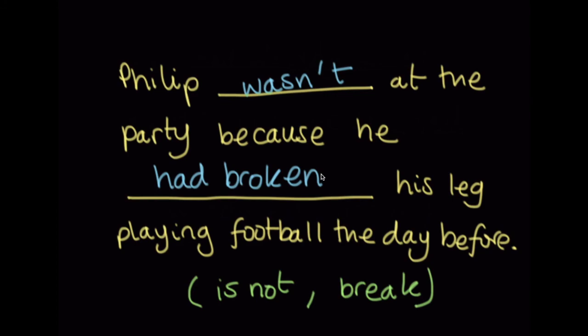So wasn't is the past simple in the negative of is, and had broken is the past perfect of to break. So the events, again thinking of your timeline, he broke his leg in an earlier past, before he wasn't at the party. So we put had broken in the past perfect.